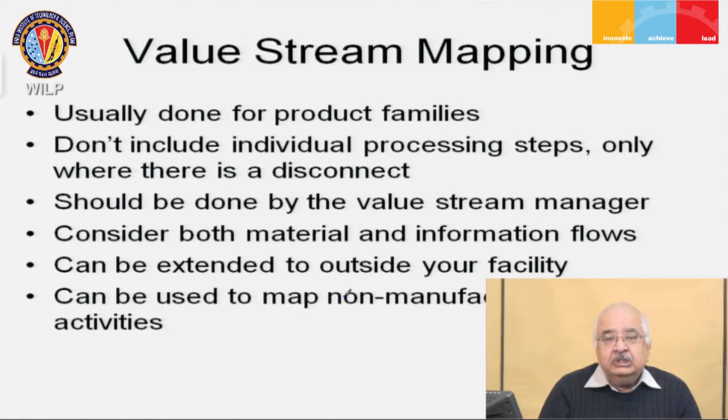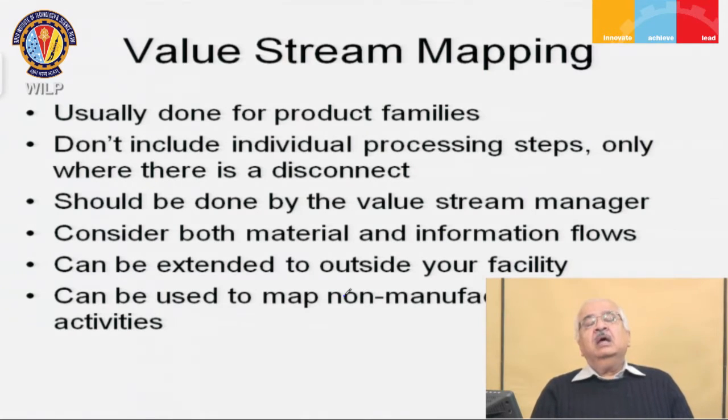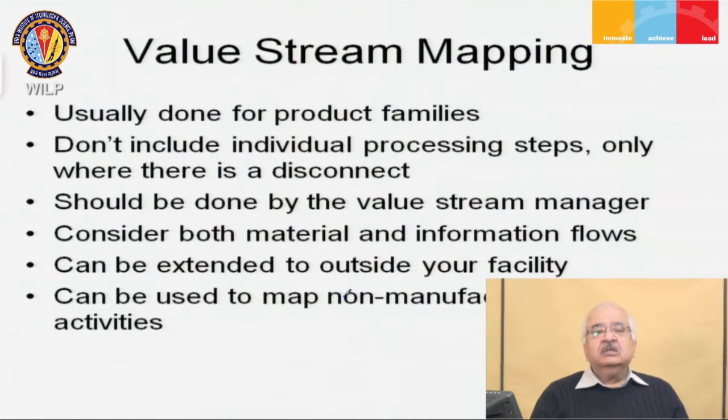Value stream mapping in general is not done for individual products. Usually it tends to be done for product families. Now, what constitutes a product family we will be talking about a little bit later, but in a very simple manner, it is a group of products. Remember when we talked about group layouts, we talked about families of parts that are produced on a group of machines, and generally speaking, if we have a family of parts that require similar processing on certain pieces of equipment, we would treat those products as a product family.